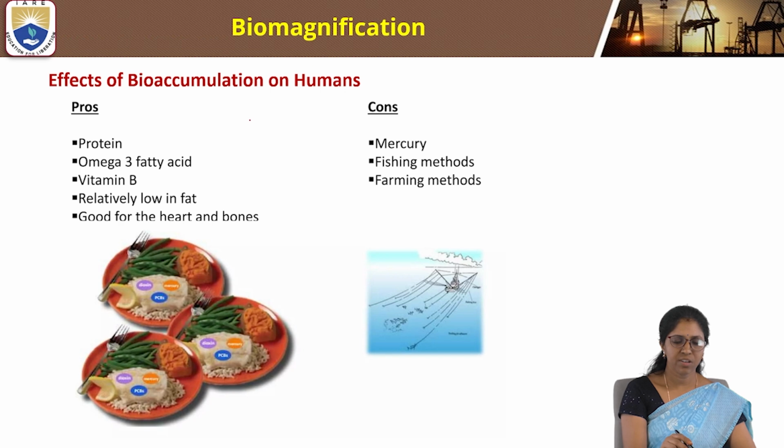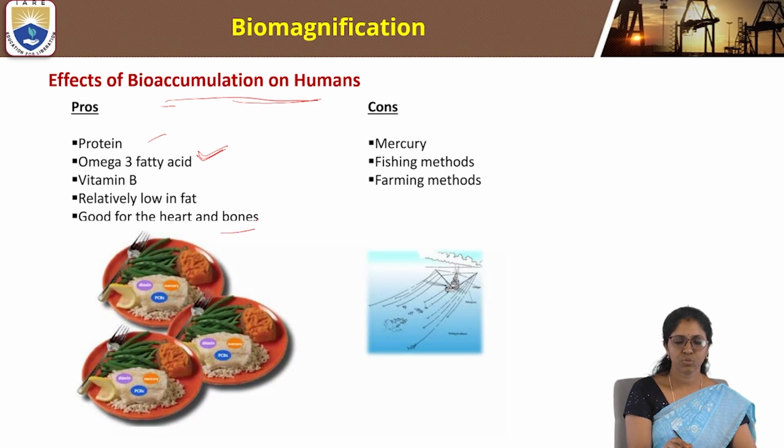Some of the effects of bioaccumulation on humans: here are the pros of fishes. They have proteins, omega-3 fatty acids, and are rich in vitamin B, relatively low in fat, and good for the heart and bones.